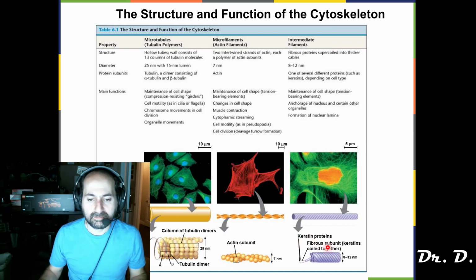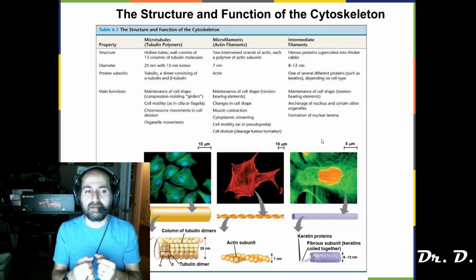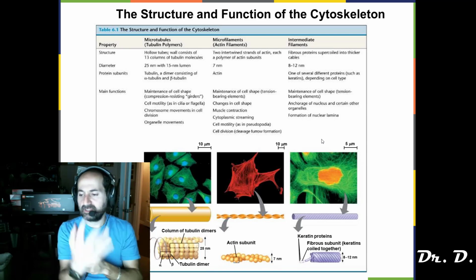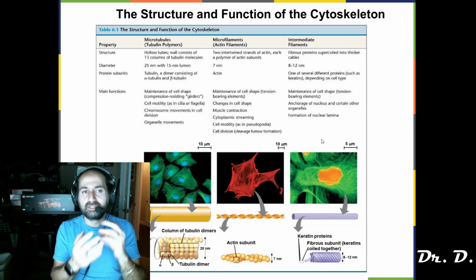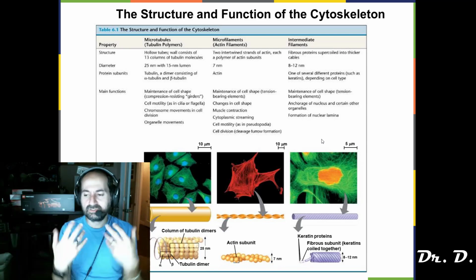These proteins look kind of like a power cord, right? They're all twisted together, coiled together. What I need you to know about these intermediate filaments is that they do a lot of things, but they don't do anything involved in motility. You know how the microtubules were involved in flagella and cilia motility, and the microfilaments were involved in pseudopods and muscle contraction, all this cool stuff.